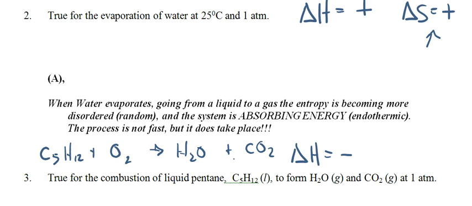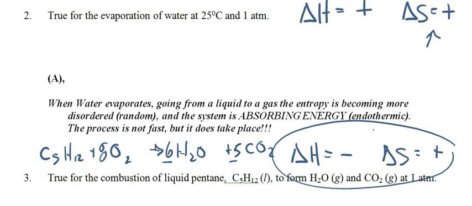Let's see, so we'll have a 5 there, and a 6 there. So that gives us 10, 16, so 8. So we go from 9 to 11 particles. So that means that delta S is becoming more disordered or more random. So we have a scenario where this will take place spontaneously.